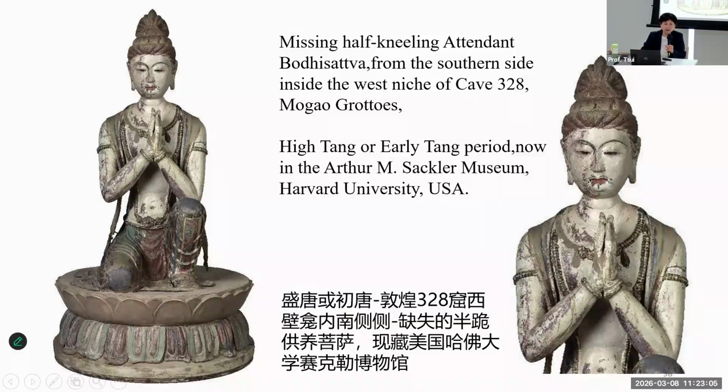So we have the missing bodhisattva from the cave. The missing half-kneeling attendant bodhisattva from the southern side inside cave 328 is now a collection in the Sackler Museum in the United States. So do you appreciate the beauty of the bodhisattva?